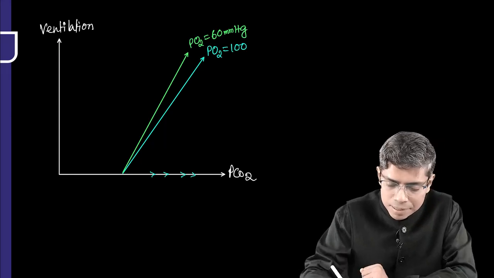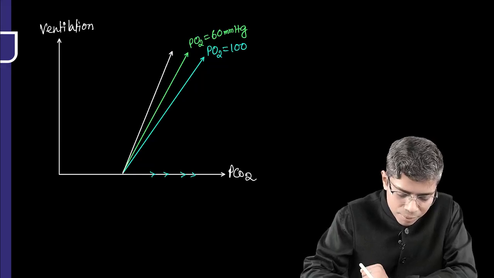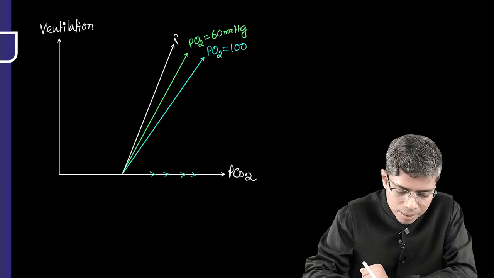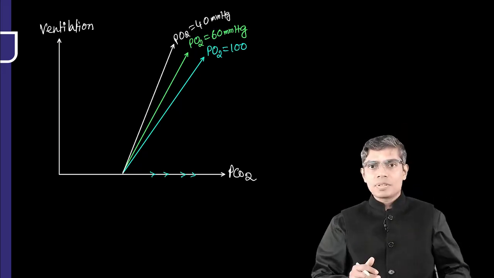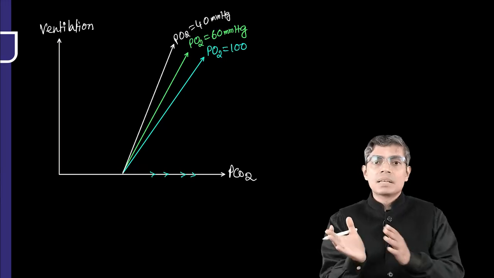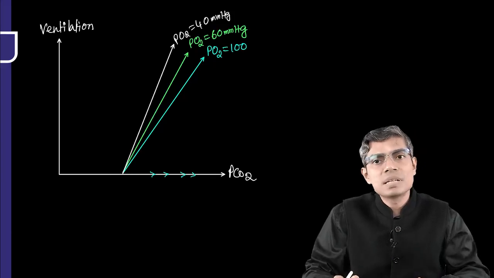If the hypoxia is more severe, then the curve will be steeper. So I'm writing here PO2, suppose 40 millimeter of mercury. What you are finding is that more and more hypoxia along with hypercapnia means the curve is shifting to the left-hand side, becoming more and more steeper.